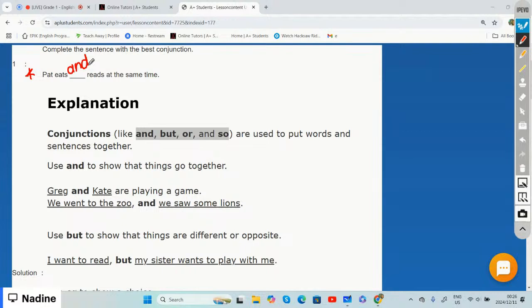So there we have our word and, to join that sentence.